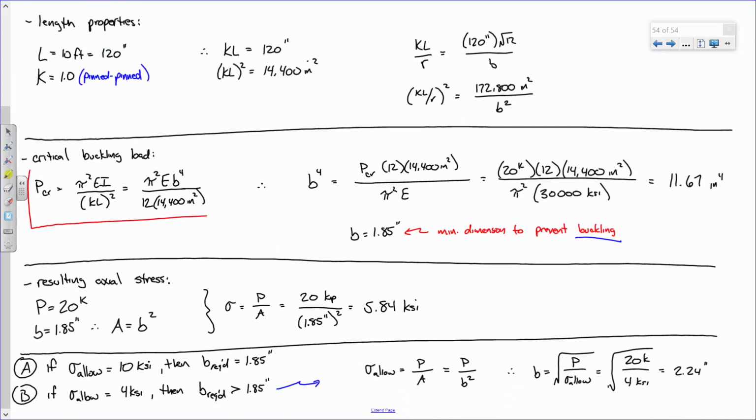Let's look at this right here. If B is 1.5 inches, what's P critical?